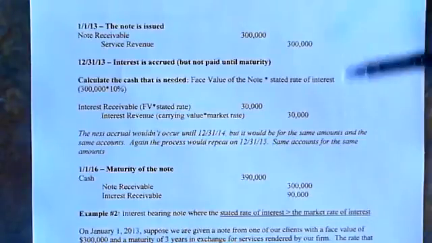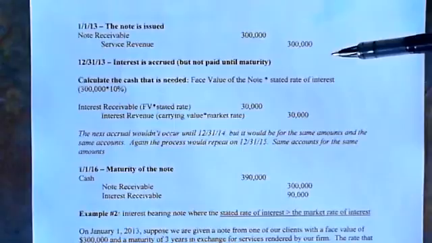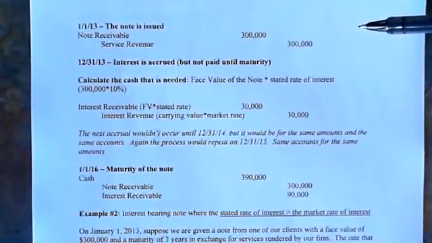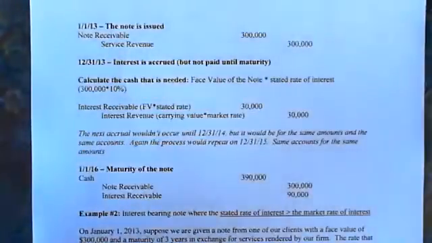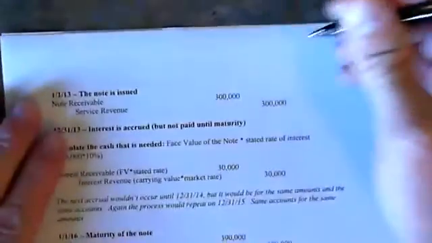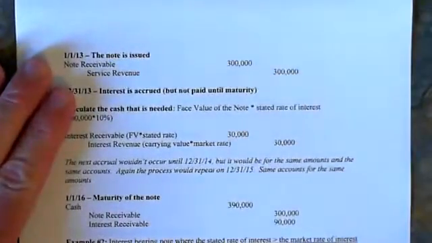We start with the simple case where we have a $300,000 note in 3 years with a rate of interest of 10% stated on the note, as well as a 10% market rate. So in this case, whenever we have the stated rate of interest equal the market rate of interest, we have a very simple scenario play out.